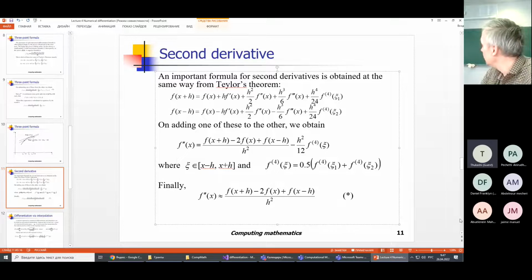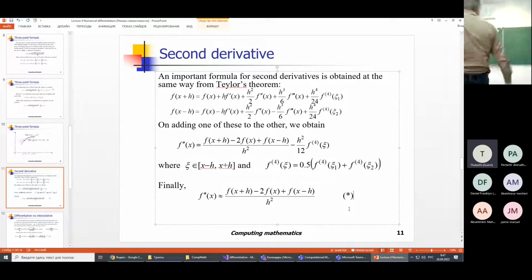So let's apply the formula star to find the approximation of the derivative at the point x equals 1 using step h equals 0.1.